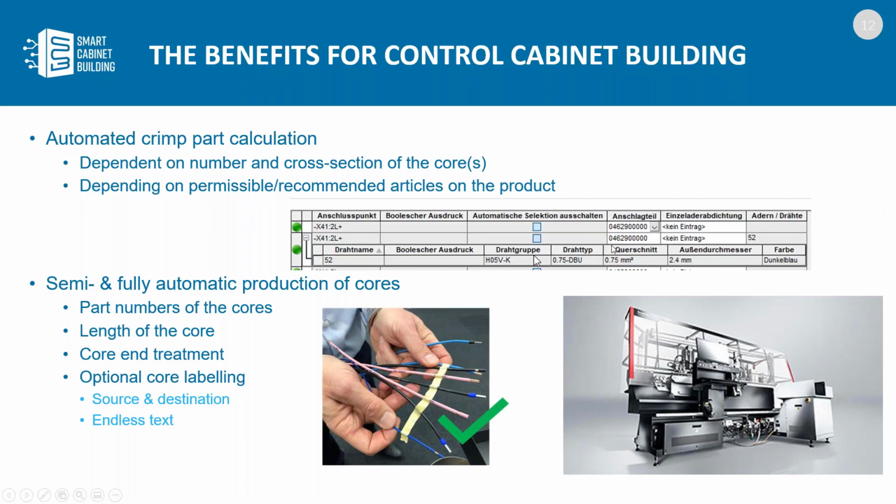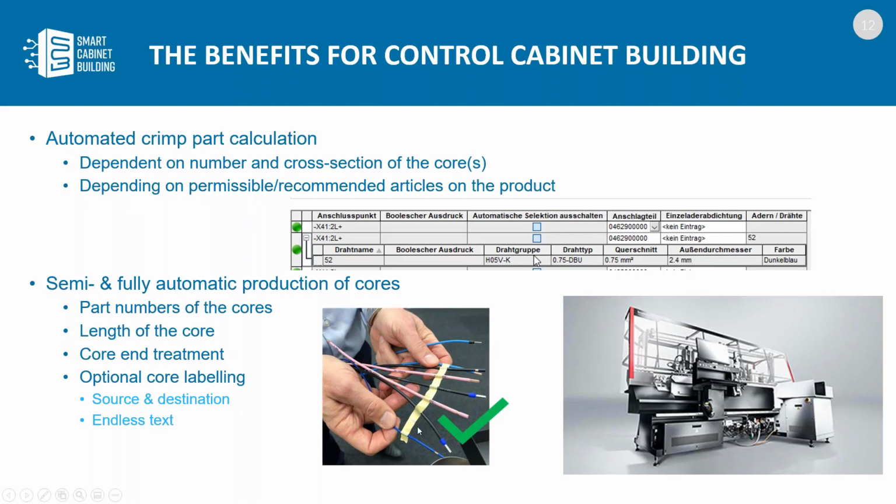And it is no problem if some of your components do not have those crimp parts defined on the pin, because all the exports have a plan B. For example, if it is not known which crimp part has to be used, then you can do, for example, a pull-off or something else, and you have to complete this wire end by connecting it.